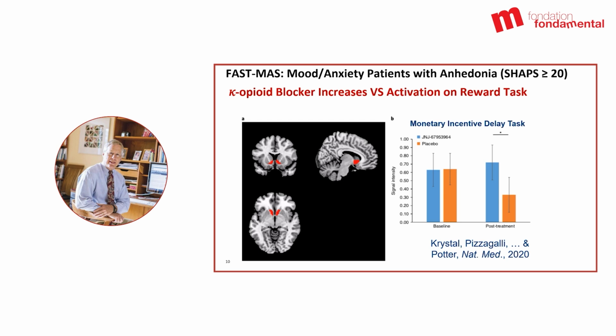But after the treatment with the kappa opioid blocker, you can see a very significant difference between the J&J compound and placebo. It's quite frequent that in something like this, where you have an original baseline and then a subsequent treatment, the placebo actually shows somewhat less intensity simply because it's a repeating paradigm, and so there's a little less response overall. But you can see there was still that increase for J&J.